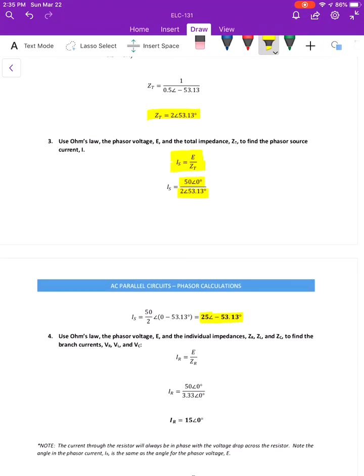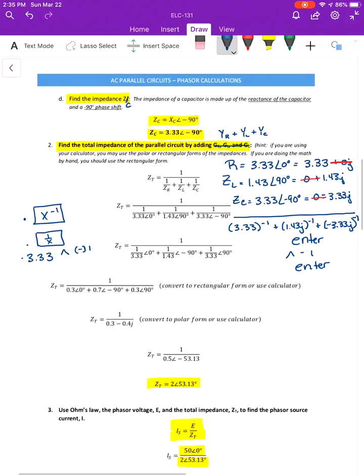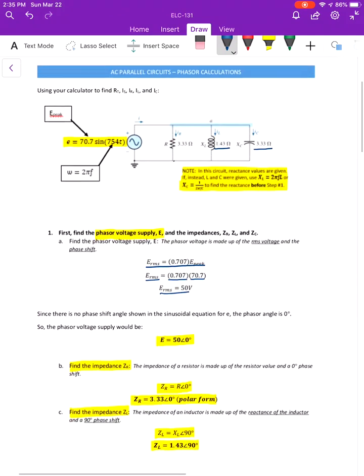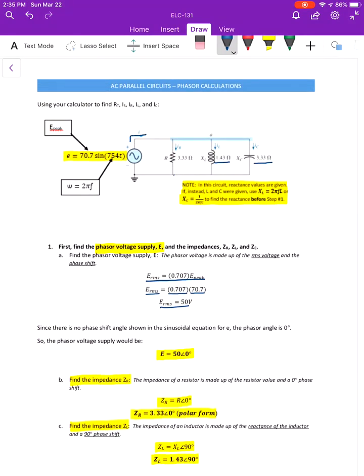Now, let's go back up here and write that into our circuit. Okay, so that tells us that we have coming from the source 25 amperes at -53.13 degrees. That's I sub S. Now, this is a parallel circuit, and if you remember from DC, components in parallel have the same voltage across them. So what we're going to look for now is the current through each of these branches of our circuit.